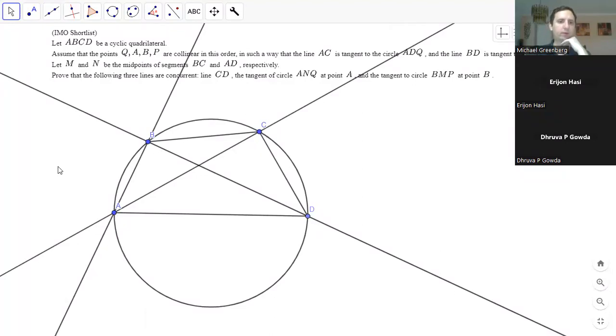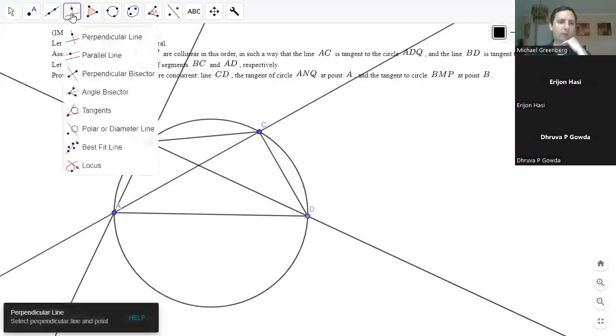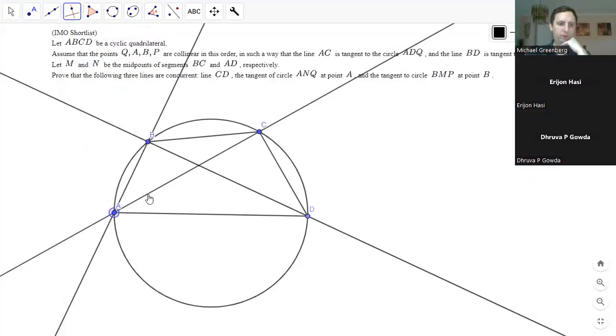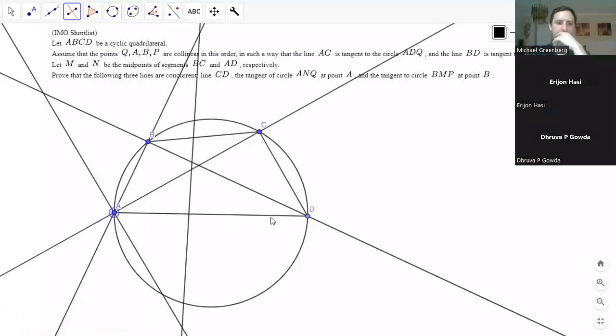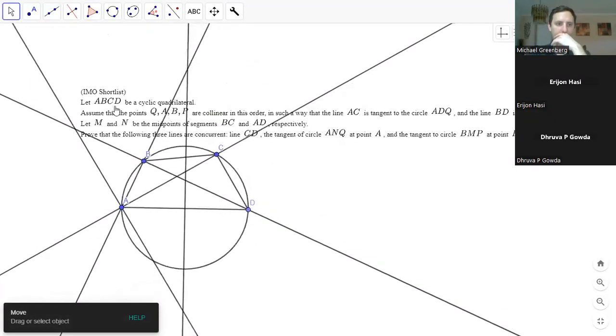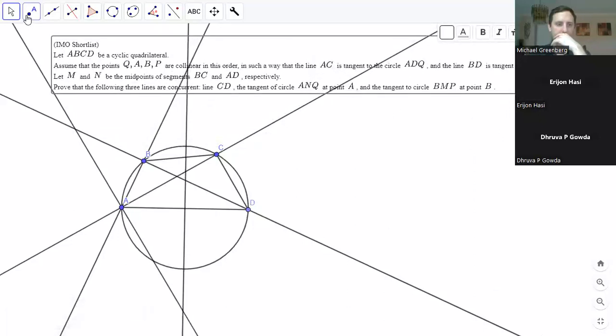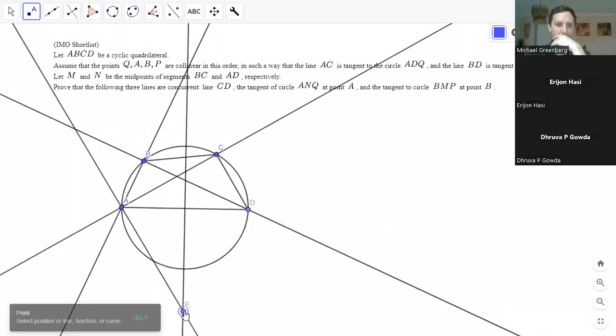I guess we'd want to drop a perpendicular. So the center has to be, I guess we want to intersect that with the perpendicular bisector of AD, and that would be the center of the circle, I think. Let's check that that's actually correct. So I think this would be the center of it.